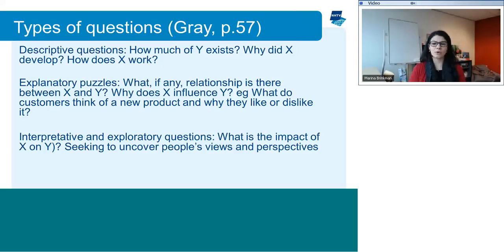And he gives an example of what is the impact of X on Y. And actually he defines those types of questions as questions who demand qualitative type of approach. So talking to people, observing, using focus groups as method to collect your data, and so on. So that's another way to define also the main research question.